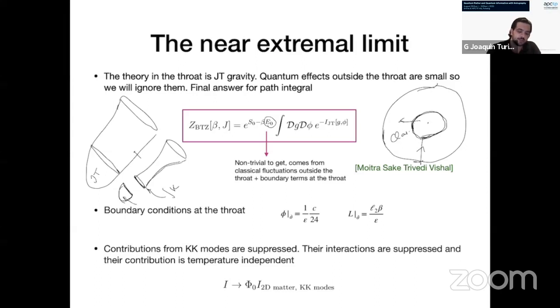In that sense this region is completely classical, there is no correction. But when you look at very low temperature, there will be large quantum effects near the horizon. So we're separating the region where there is no enhancement of quantum effects at low temperatures from the region where there is an enhancement of quantum effects that should be treated separately.